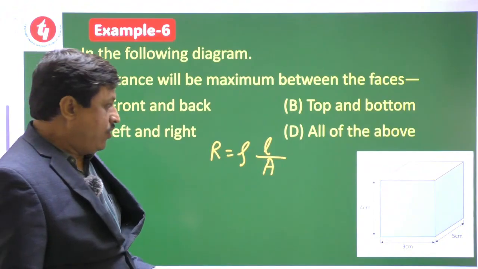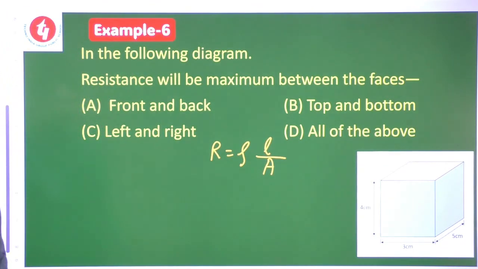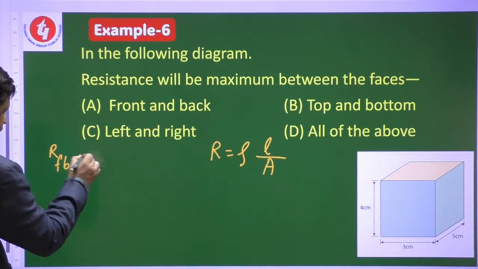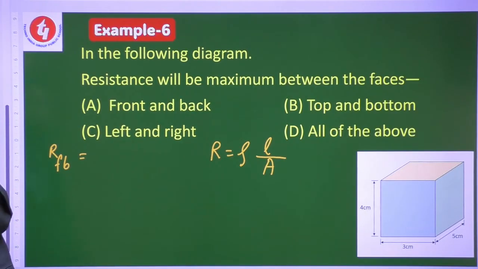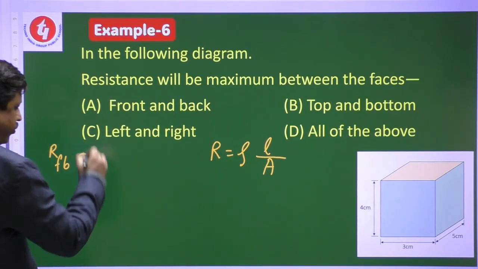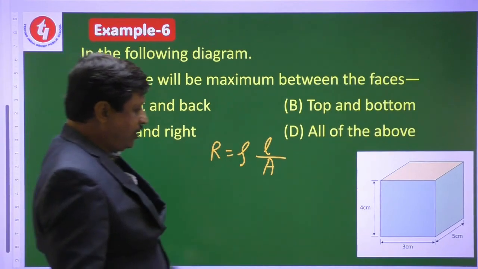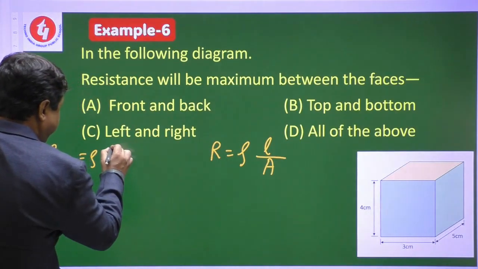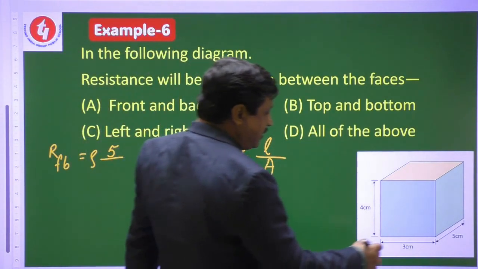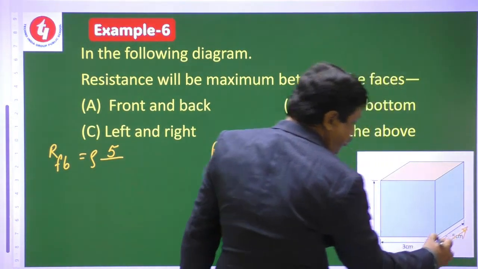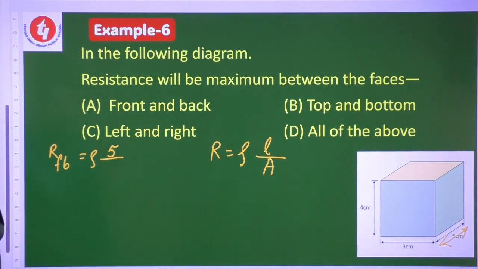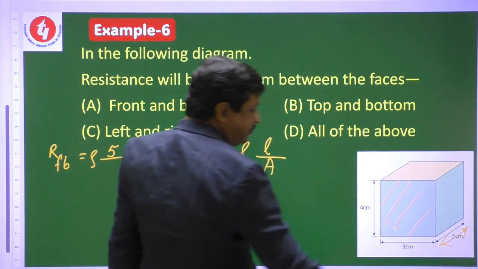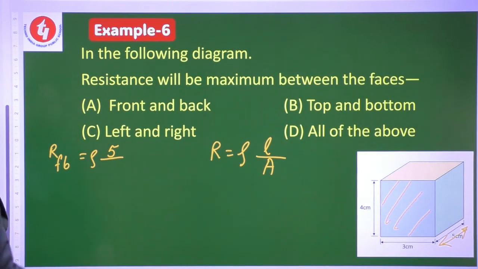First case, R in front-back will be rho into the length, which is 5 centimeter, between front and back, and the area, the front area, is 3 into 4.